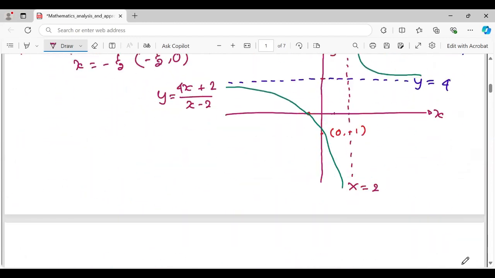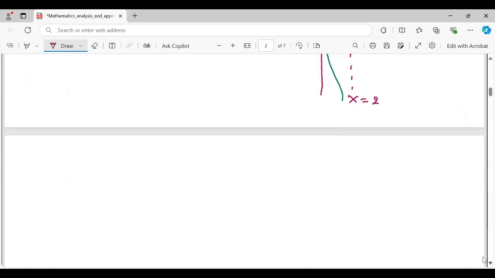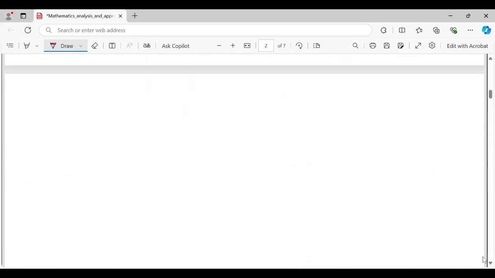The range of function f we can determine this way. y is the function first. y equals (4x plus 2) over (x minus 2).